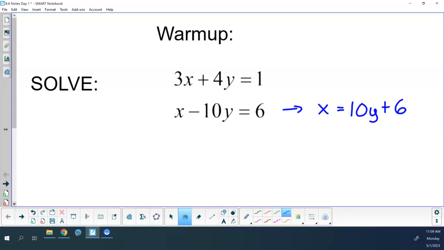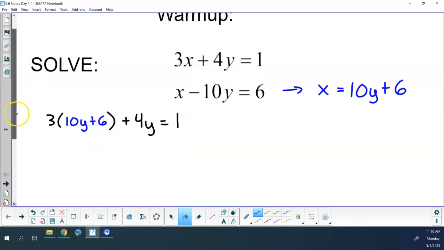Plug it back into the other equation, correct? So then that would be 3 times my x, but my x is now 10y plus 6, then plus 4y equals 1. And then I got to go through and I got to solve that, right?